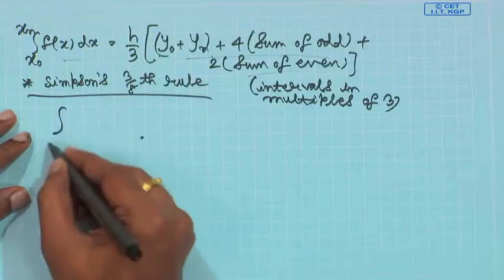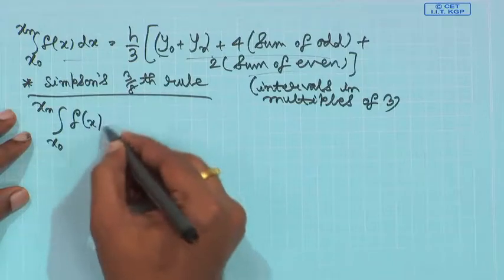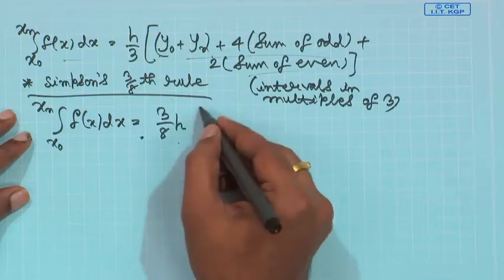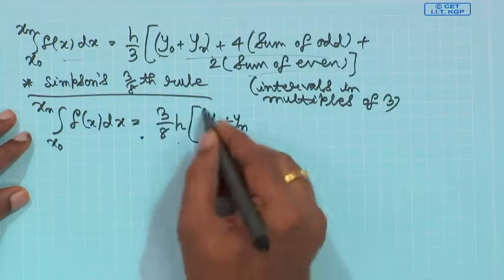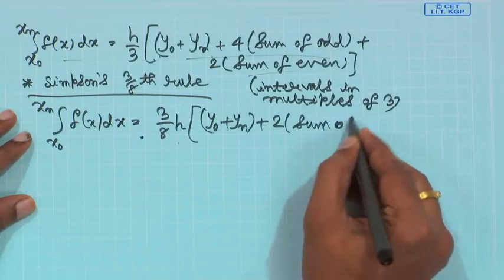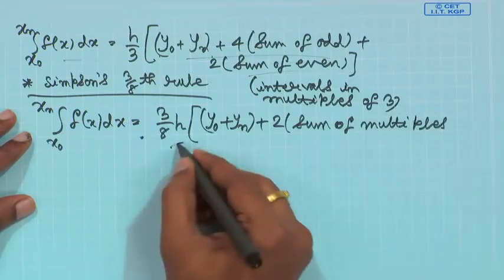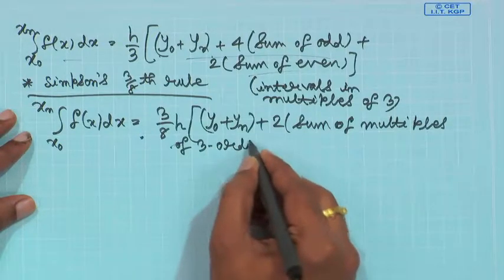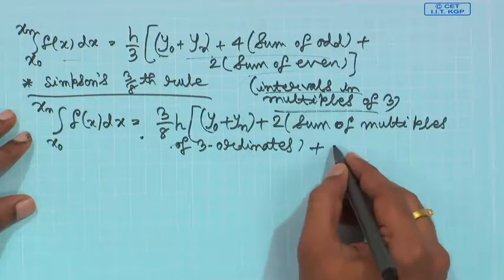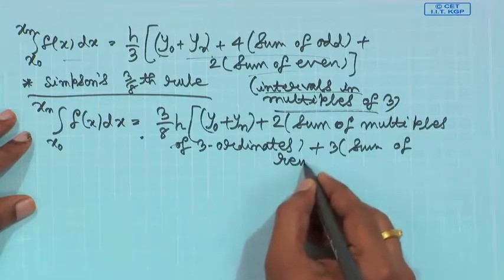The general form of this rule is integral from x0 to xn, the whole range, of f(x) dx equals 3/8 times h times the first ordinate plus the last ordinate, plus 2 times the sum of the ordinates at multiples of 3, plus 3 times the sum of the remaining ordinates.